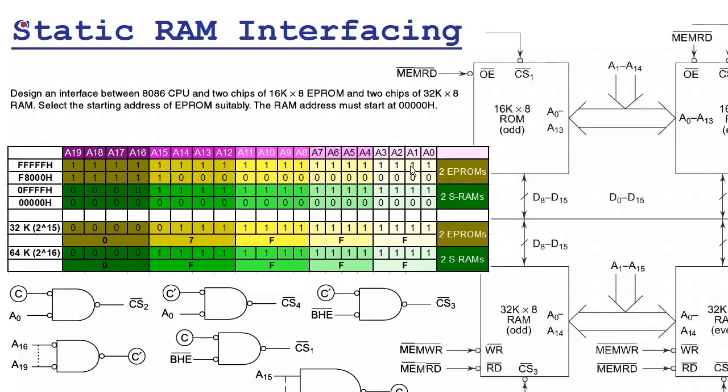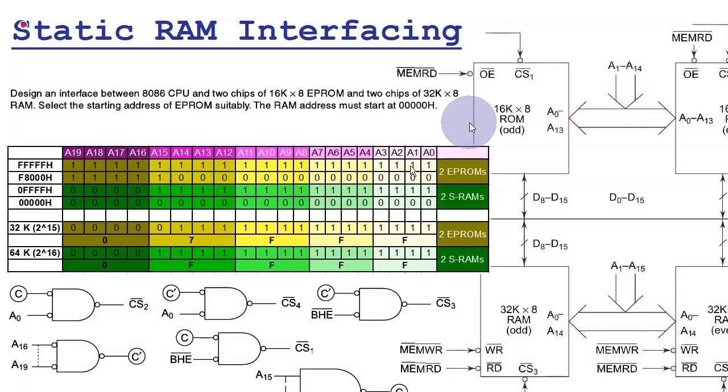For ROM, it is compulsory that it should contain FF0H. So we are trying to attach them. Okay, so why do we have two sets of RAMs and two sets of ROMs here? Why not one RAM and three ROMs? To implement the even and odd bank. Even and odd banks. Okay, okay.